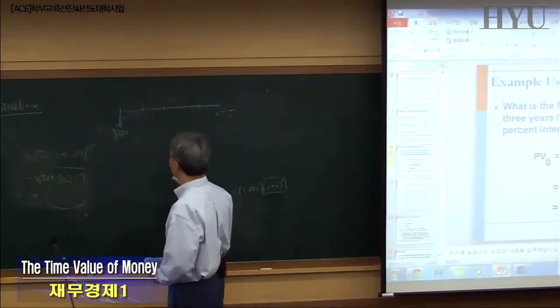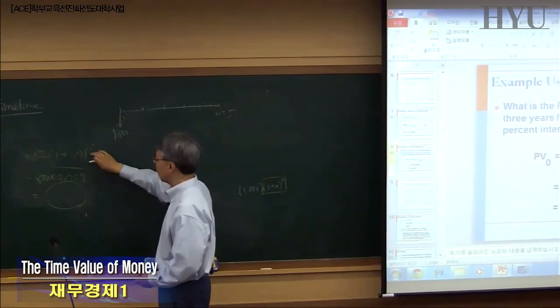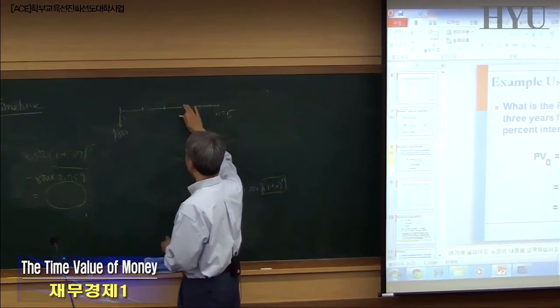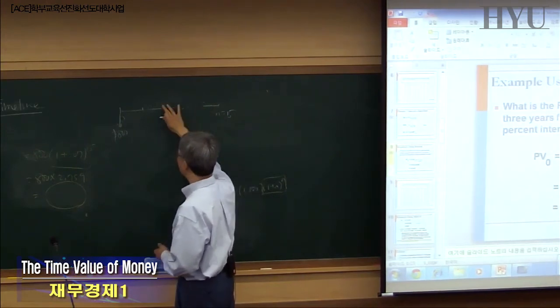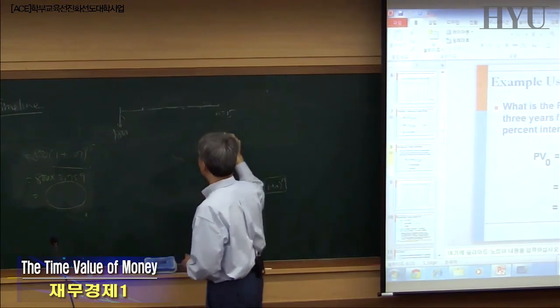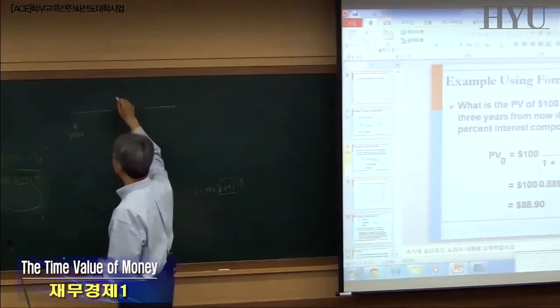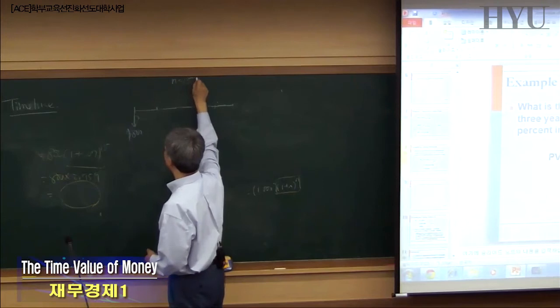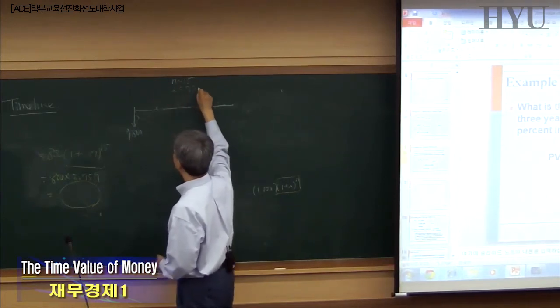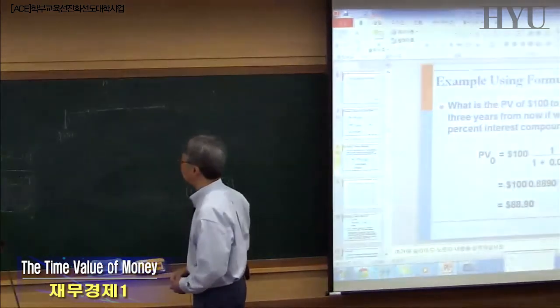And let's say in this problem it was 15, so you can say n is 15. You don't have to mark all of them. Typically you say n is 15, I is 7%, okay?